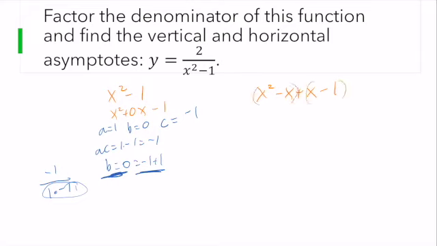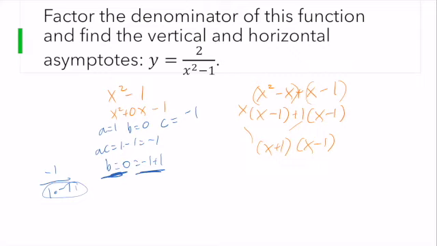X squared minus x is going to give me an x. So I have x times x minus 1. And then the greatest common factor of x and -1 is just going to be a 1. So I still have to pull out the greatest common factor, though. Collect my greatest common factors and what they had in common.